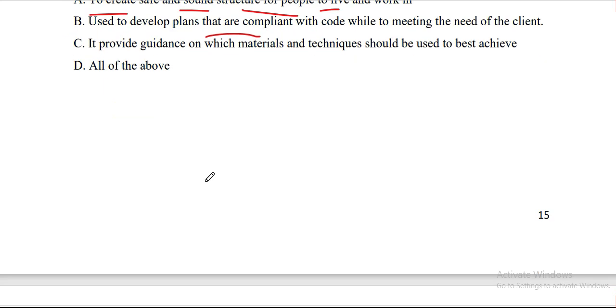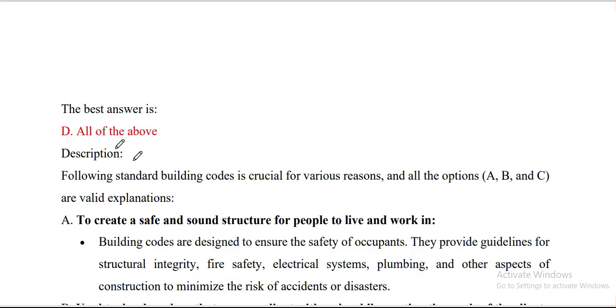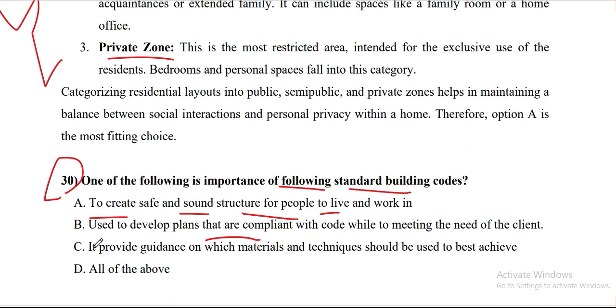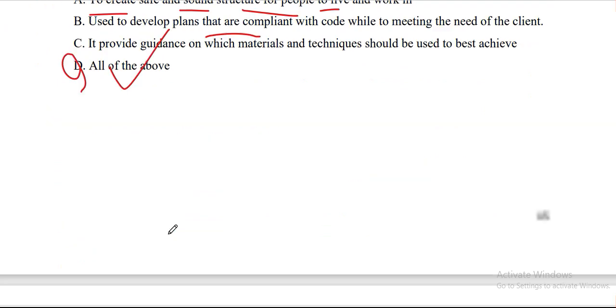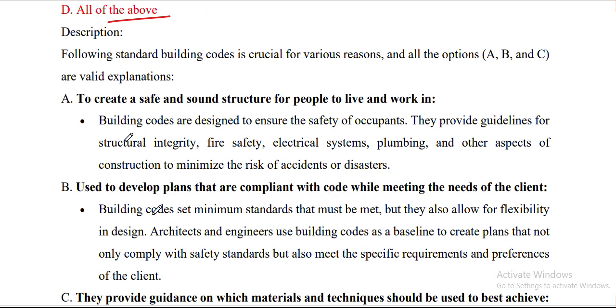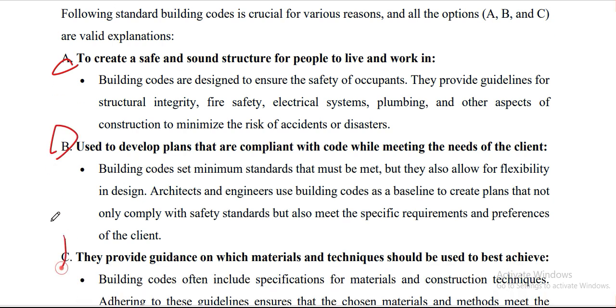D, all of the above. The best answer for this question is option D. You can read the detailed answers of options A, B, and C; they are given, so you can read the detail.